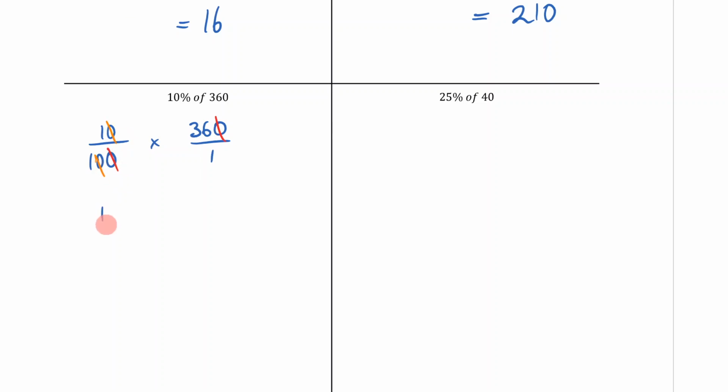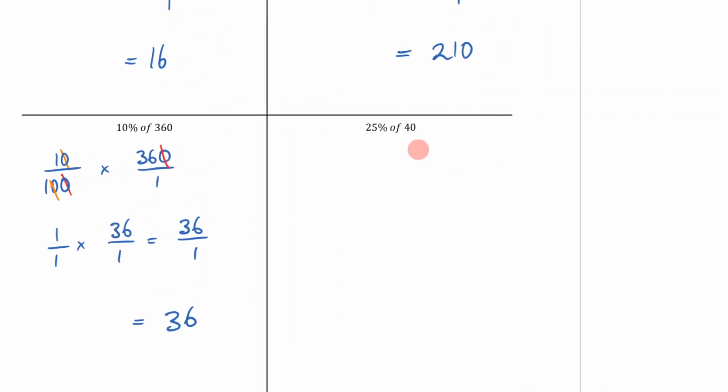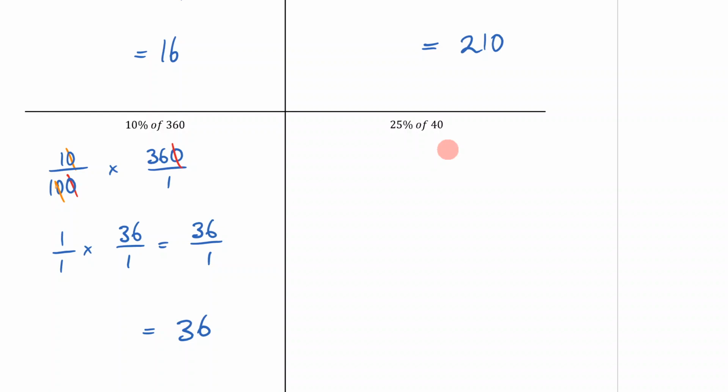And then I've got 1 here and 1 here, 36 here and 1 here. 1 times 36 is 36, 1 times 1 is 1. It's going to be 36. I go on to my next one. Make sure you're pausing these videos and giving them a go yourself. You're not just watching me. And remember, you can turn off this video right now and do this yourself. I just thought that I would help you out if you need an extra hand here.